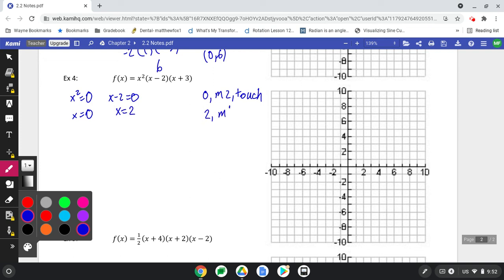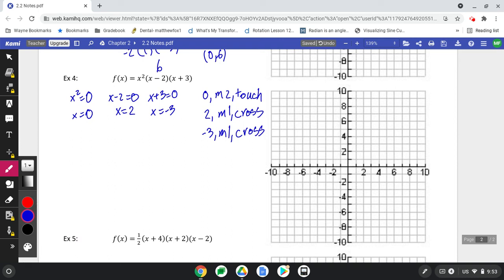This is a multiplicity of 1, so it will cross there. X plus 3 equals 0, so x equals negative 3. And once again, a multiplicity of 1, and it will cross there. So negative 3, 0, and 2.